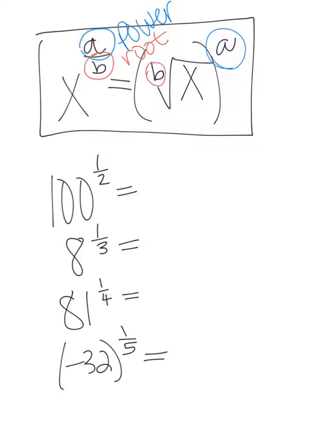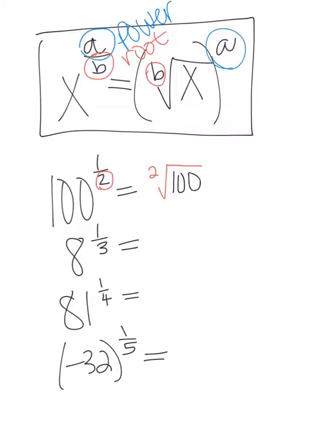into the ground. So let's look at some of these examples that we just did on the previous page if I were to write them as rational exponents. For this first one, 100 to the 1/2, my root would be 2, because it's the number on the bottom in the denominator. So this would be the square root of 100.